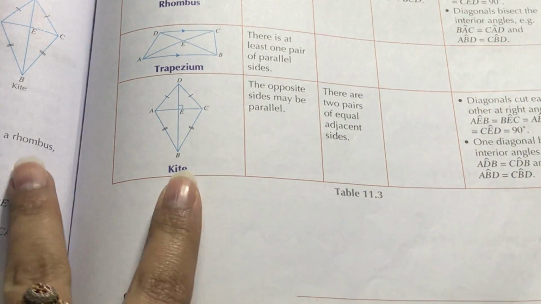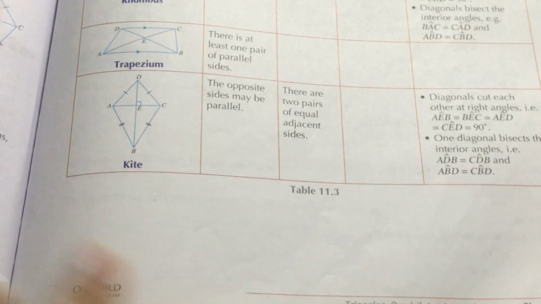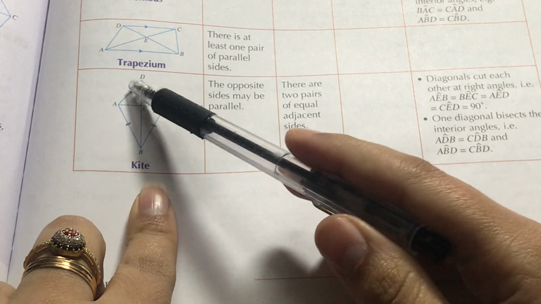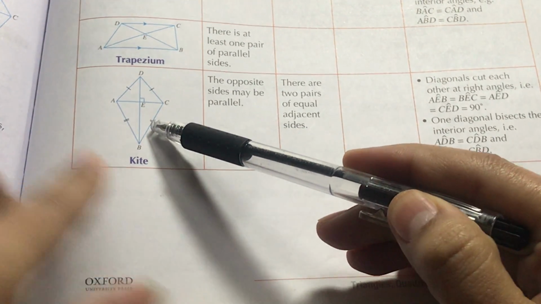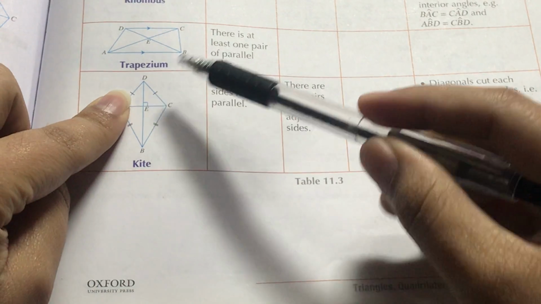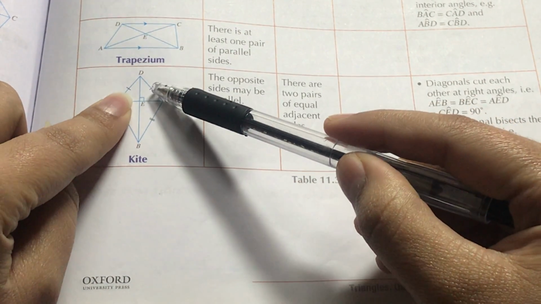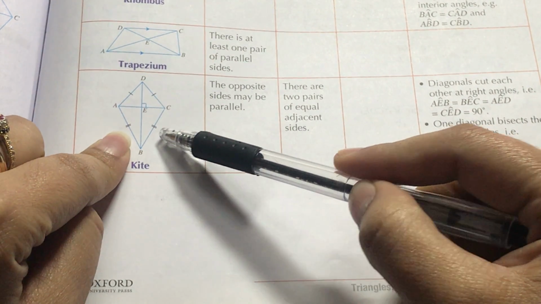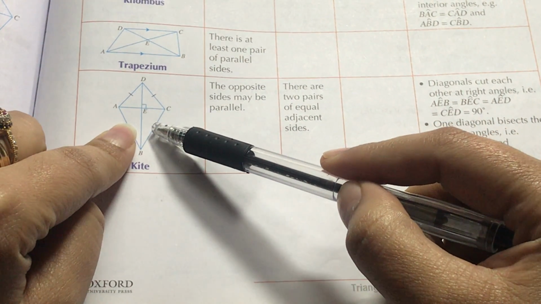Next, and the last quadrilateral included in our syllabus, is a kite. Again, you can see a kite has 4 sides, and you can see these marks. Can you see these marks? These 2 marks show that these 2 sides are equal, and these 2 double marks show that these 2 sides are equal.